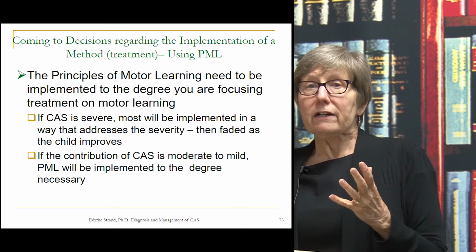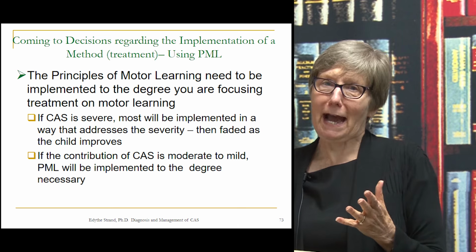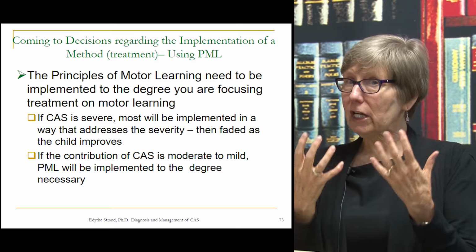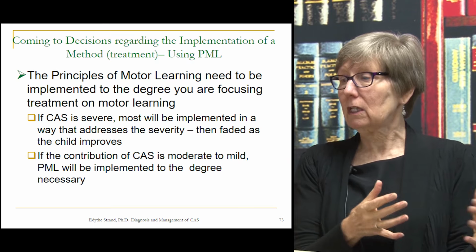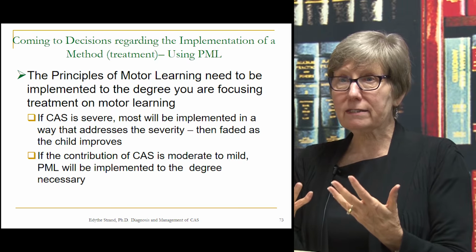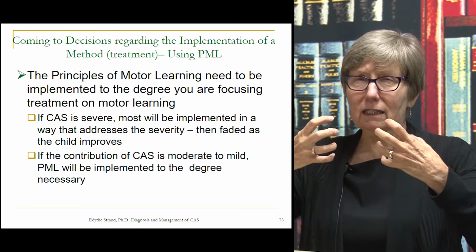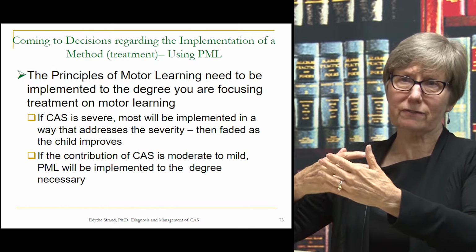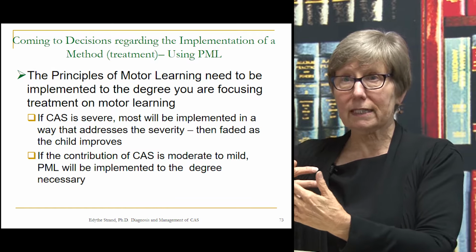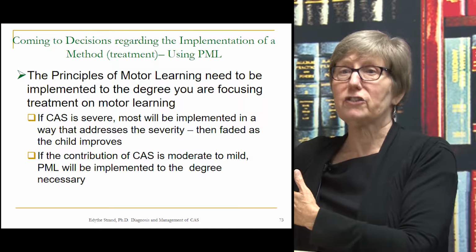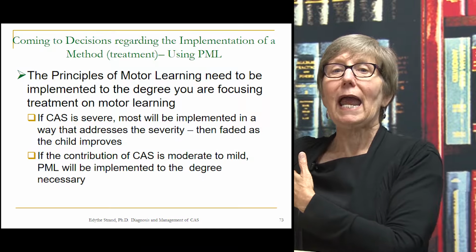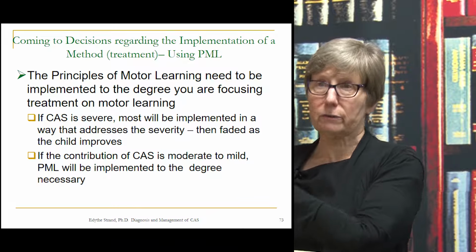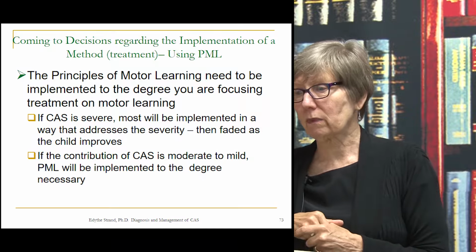We said that severity is going to greatly impact how we implement these principles. If childhood apraxia is quite severe, it will be implemented in a way that addresses that severity by providing a lot of support at first to get the movement more accurate, but then fade those different levels of support as quickly as we can to facilitate the generalization of that skill and still get enough practice to allow the habituation of that learning.